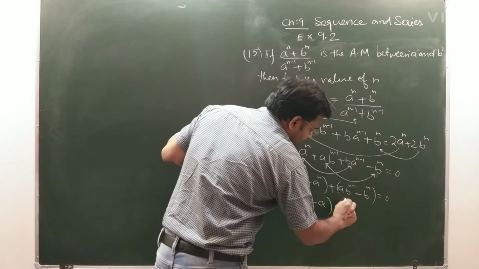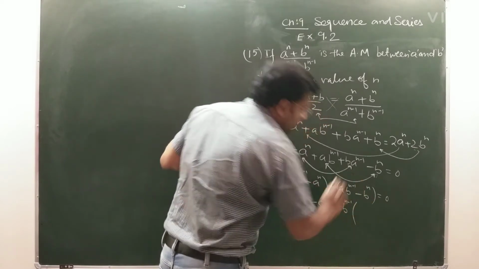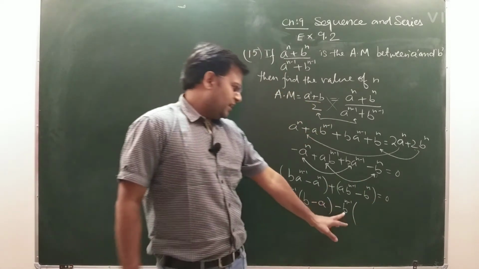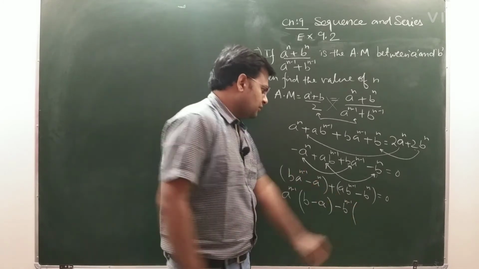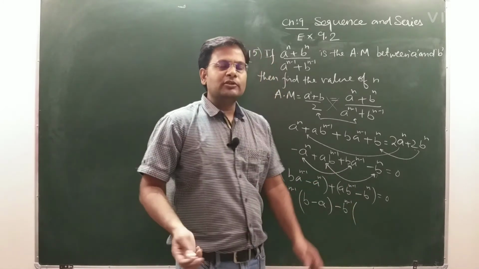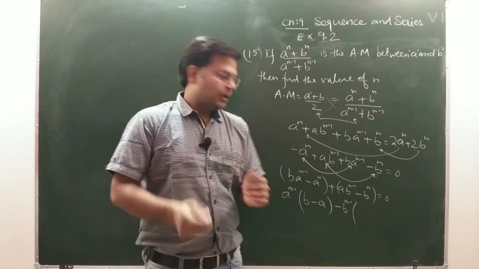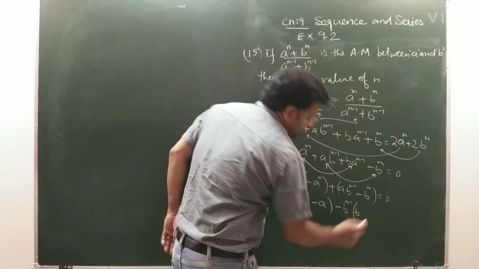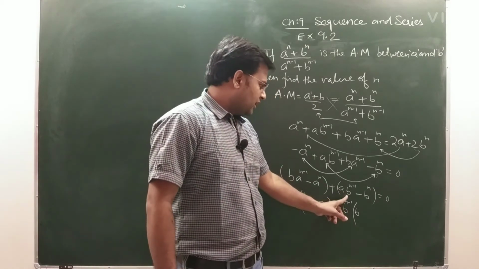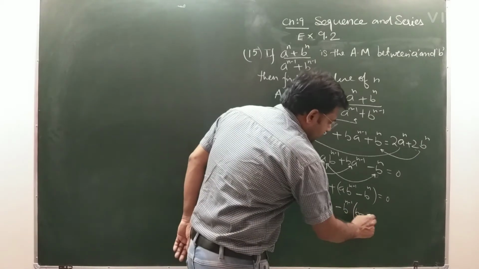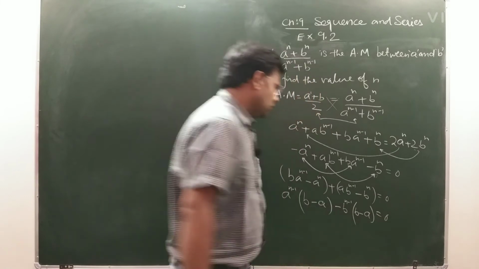I can take b^(n-1) common. Because minus is taken common, the plus term will become negative and the negative will become positive. So it will be b only, and from here if you take b^(n-1), this will be a, equal to 0. This is very simple.